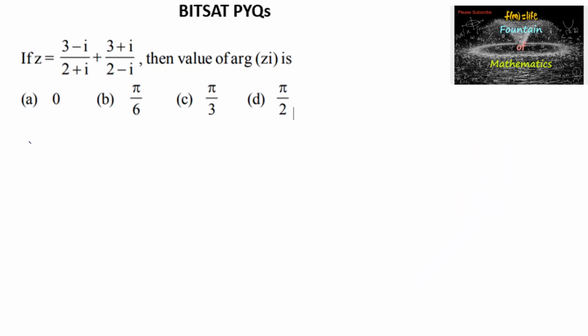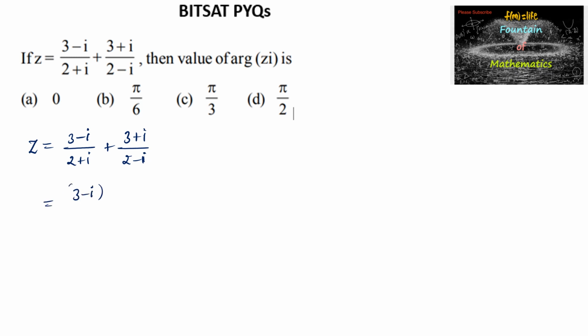Given a complex number z is equal to (3 minus i) upon (2 plus i) plus (3 plus i) upon (2 minus i), then we need to find the argument of zi. So let us simplify this.